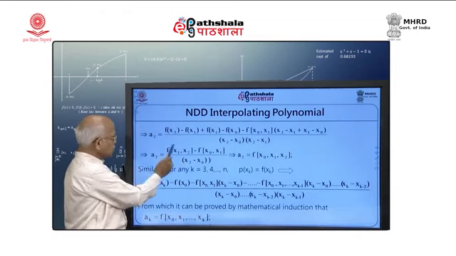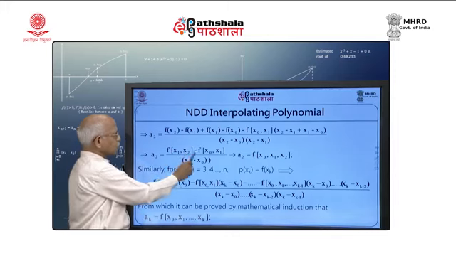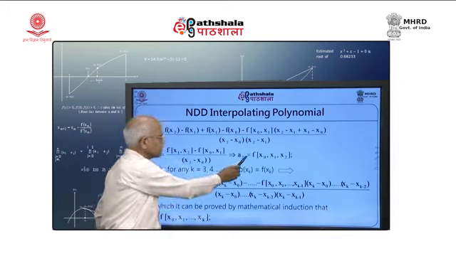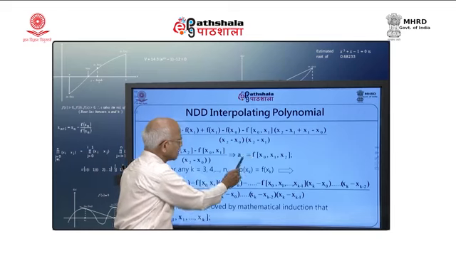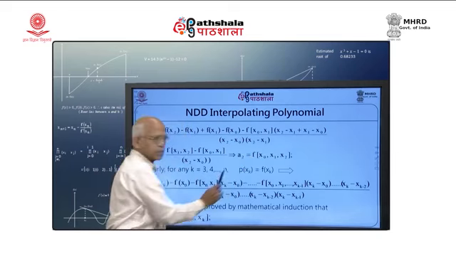So, a 2 is given by this, but according to the divided difference interpolation formula, I will get a 2 equal to f[x0, x1, x2].